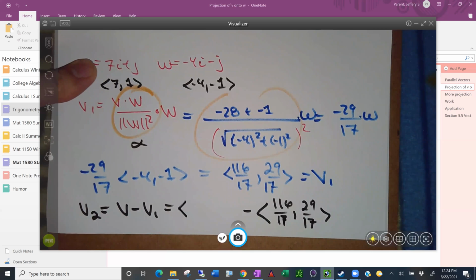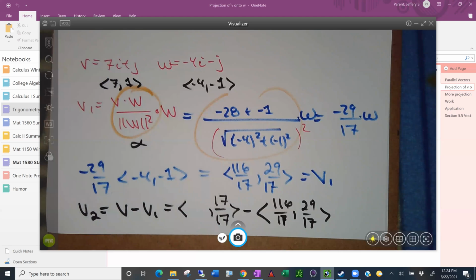I'm going to write V this way. I'll write this as 17 over 17. 17 over 17 reduces to 1. Well, why would I write it as 17 over 17? Anyone see the wisdom in doing that?